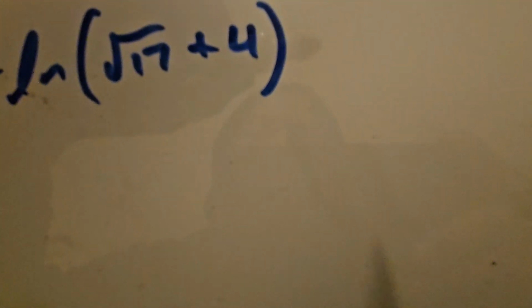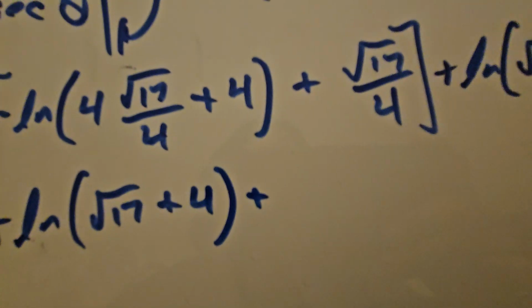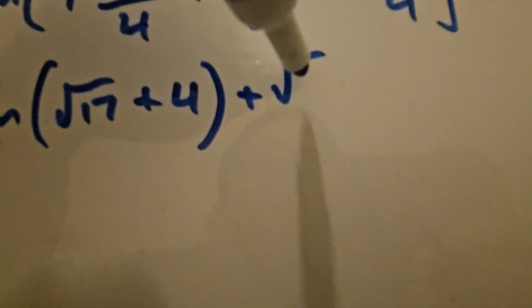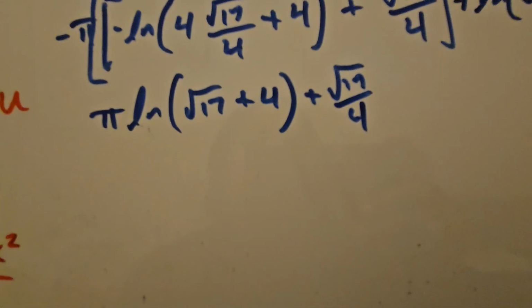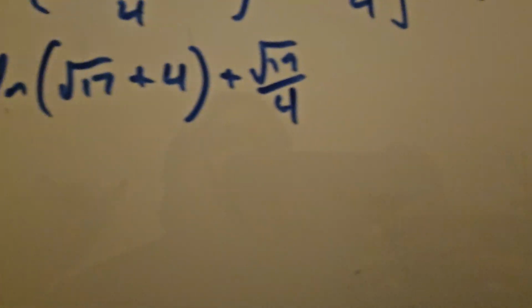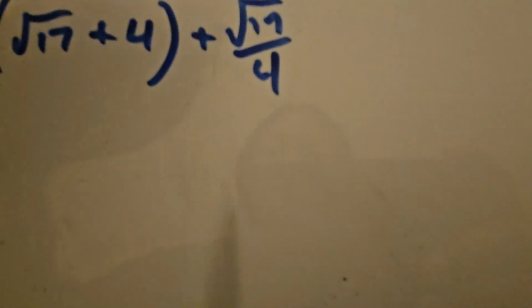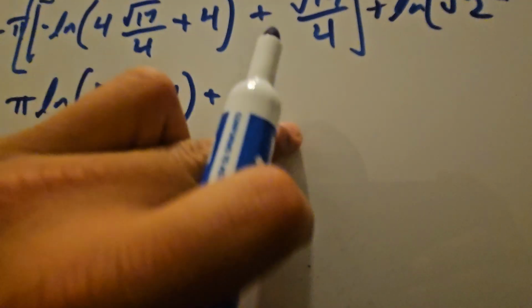So okay, so ln. These two cancel, so that's going to be root 17 plus 4 plus root 17 over 4. I hope this thing actually works. Oh wait, no, we have a pi. I'm distributing the pi. Oh wait, no, it's a negative pi.